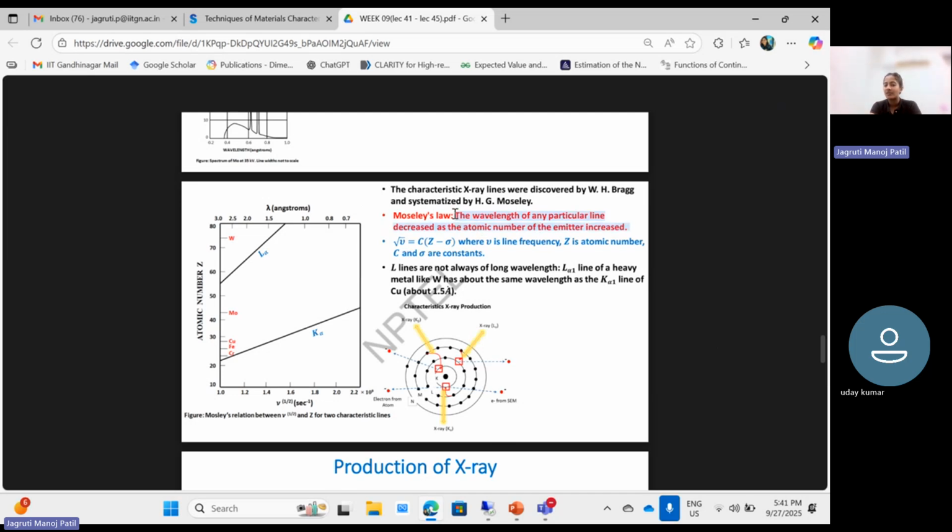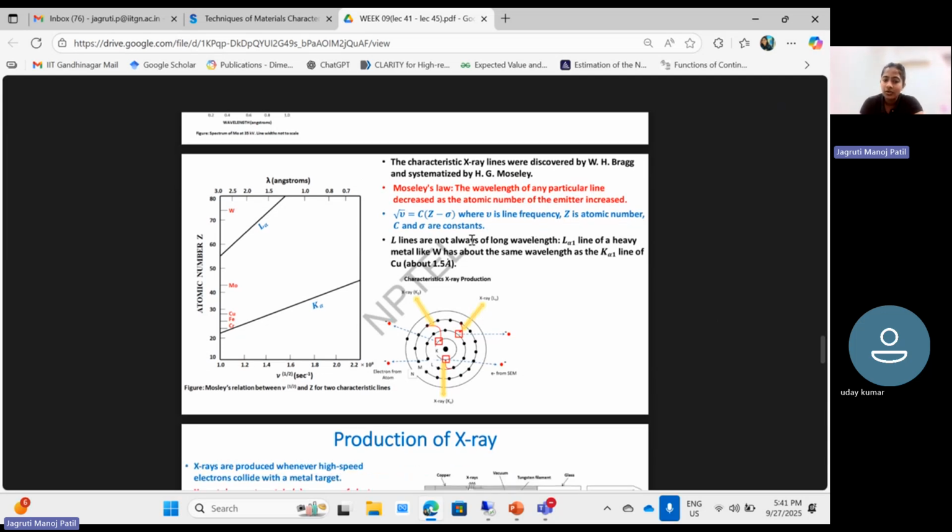We have already seen previously that wavelength is inversely proportional to the atomic number, and also inversely proportional to the difference between the voltage and the atomic number, if you remember correctly. Here, the square root of the frequency is proportional to a constant times the atomic number. So frequency and atomic number are directly proportional, but wavelength is inversely proportional to atomic number. Hence, if one decreases, the other increases for the emitter.